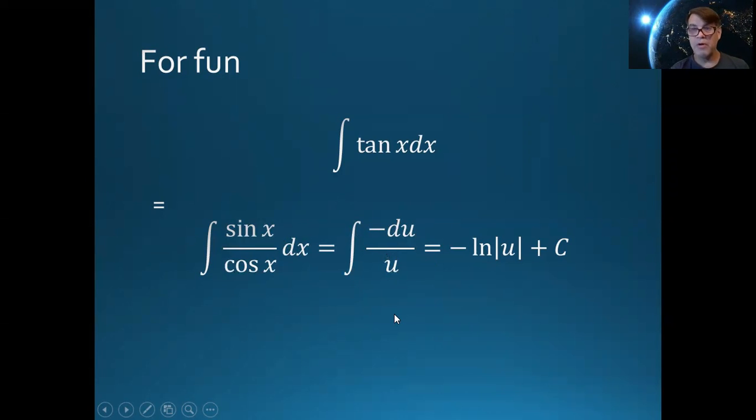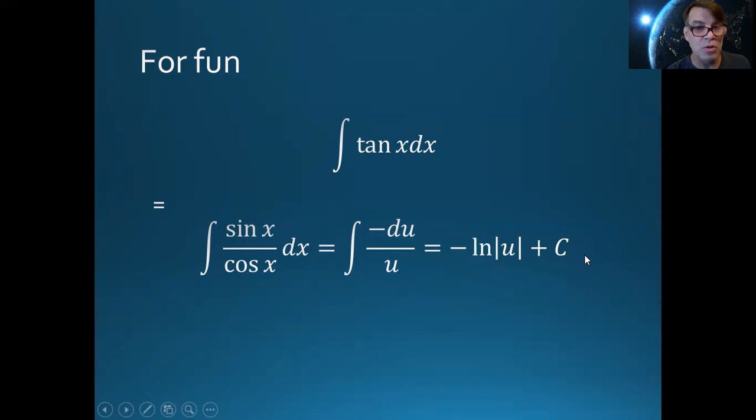We know from our previous slides that that is simply the negative of the natural log of u plus a constant, because the derivative of the natural log is 1 over u. And so we can pull the negative out of the integral.